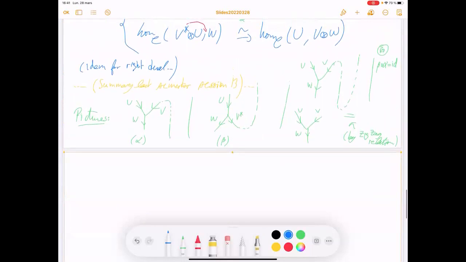And then we recall some results about left and right duals of objects and morphisms and some pictures.